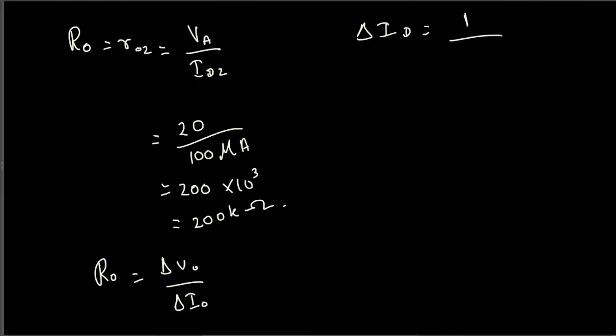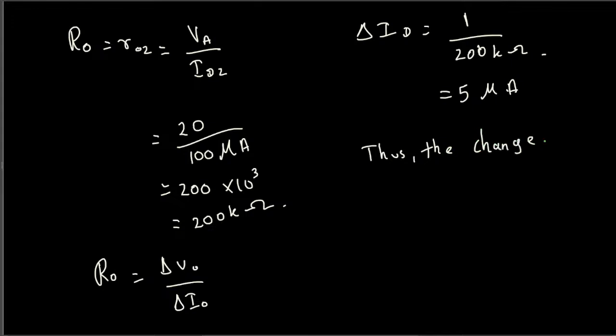So put 1 volt, and the resistance always remains the same, 200 kilo ohm, and that will give the result of 5 microamperes. So the drain current will change by 5 microamperes when you increase the voltage by 1. Thus the change in drain current is delta ID equal to 5 microamperes.